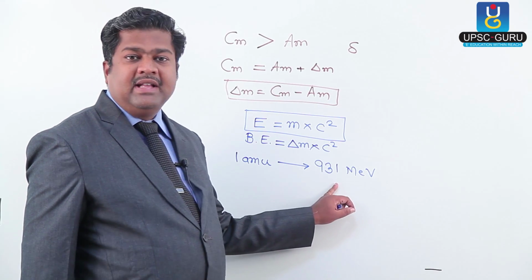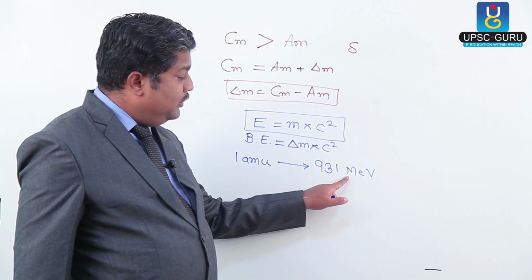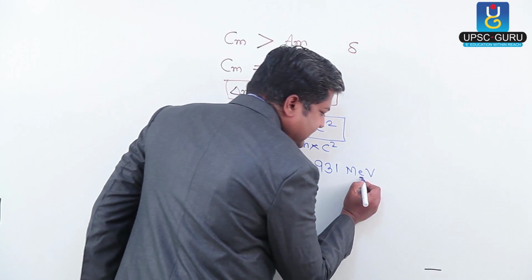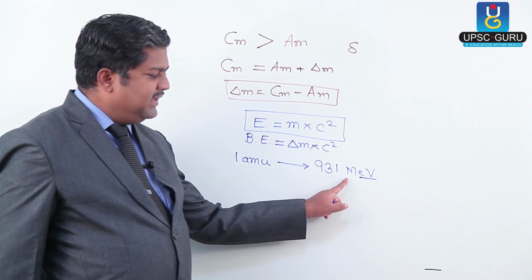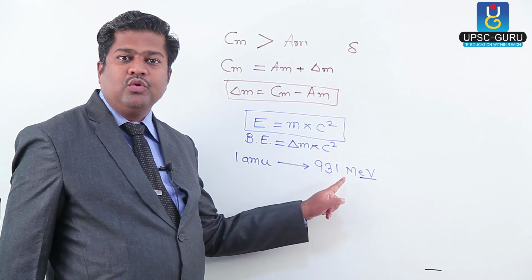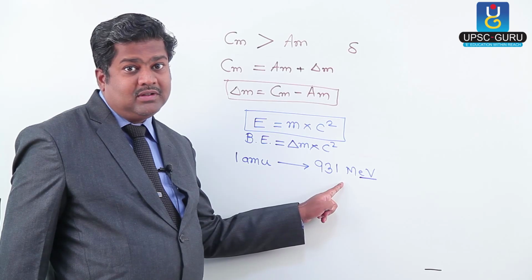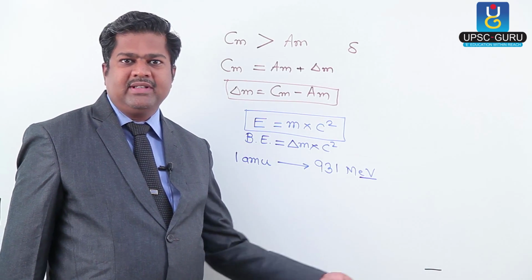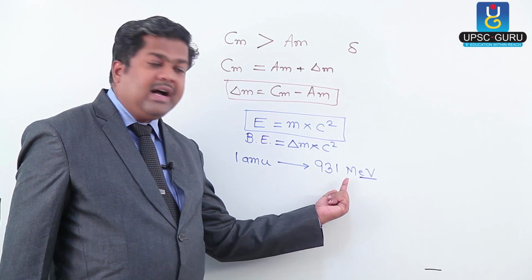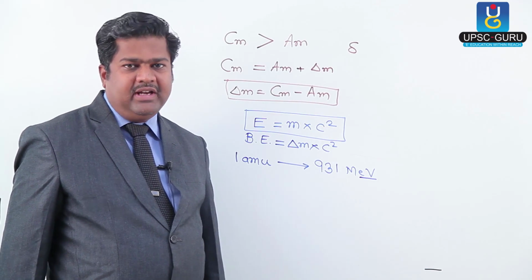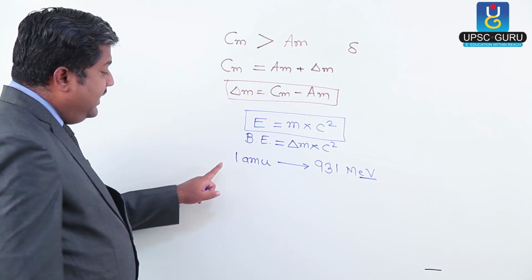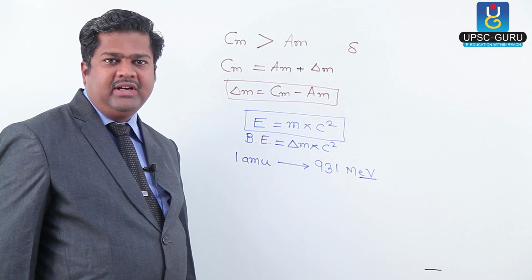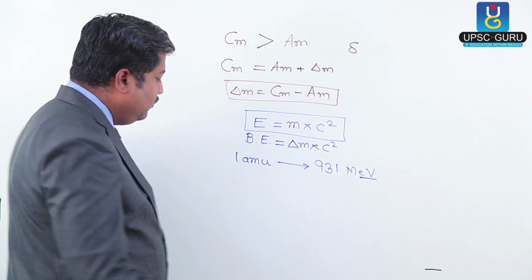I am taking this as 931, and the unit we are calling million electron volt. The actual unit is electron volt. We are putting a prefix as million, that is 10 raised to 6, which is also called mega. But properly we are calling it million electron volt. So when 1 AMU mass is converted into energy, energy evolved is 931 MeV or million electron volt.